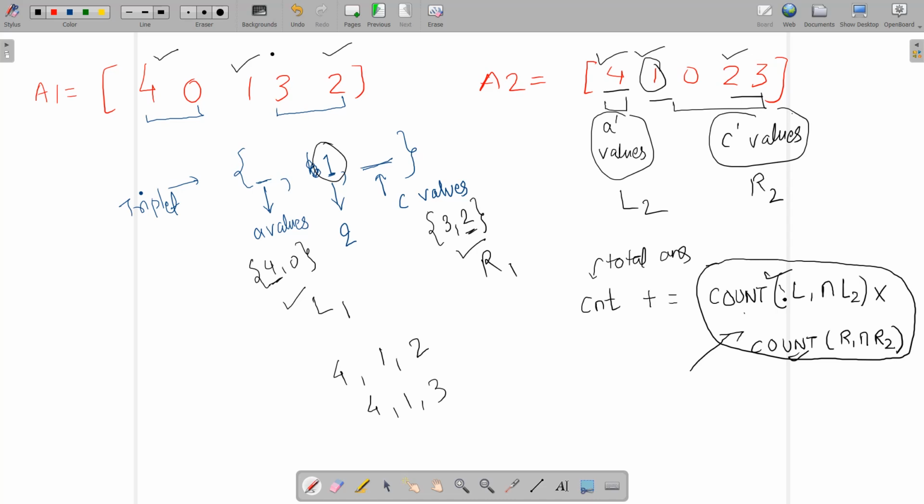Okay, now the thing is, how do we find this count of L1 intersection L2 into count of R1 intersection R2 efficiently? Note that this answer should be computed for every index, so it would automatically take O of n time. But to do this operation, we would need an efficient data structure that would work in logarithmic time. We'd be using a Fenwick tree.